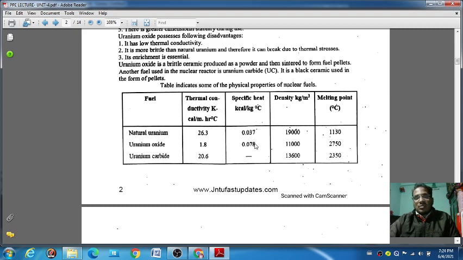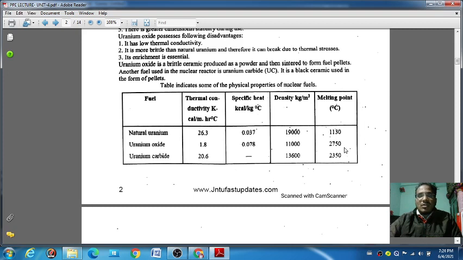Specific heat is also there, but for uranium carbide it is not given. The density is there: for natural uranium 19,000, uranium oxide 11,000, uranium carbide 13,600.